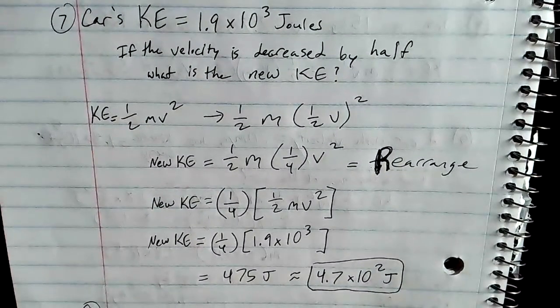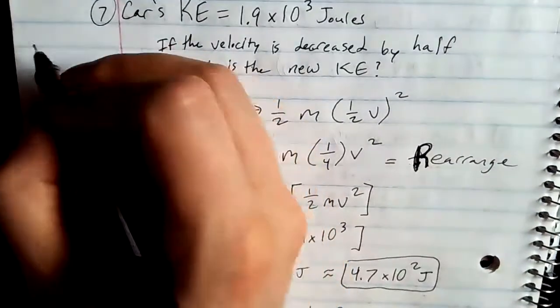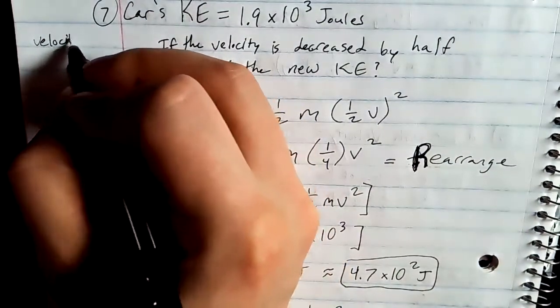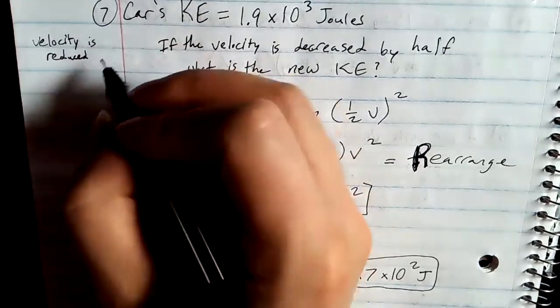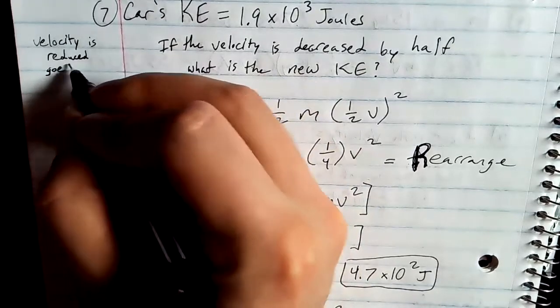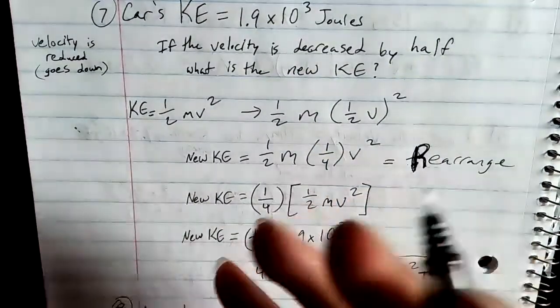Now this question, another car question, it has a kinetic energy of 1.9 times 10 to the third power of joules. If the velocity is decreased, as in velocity is reduced or it goes down, what happens to the kinetic energy?